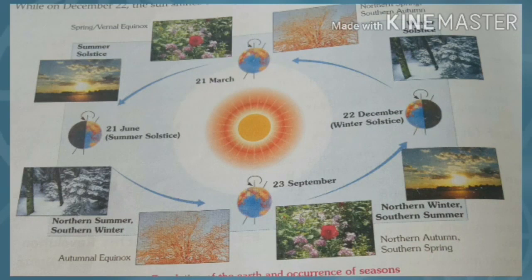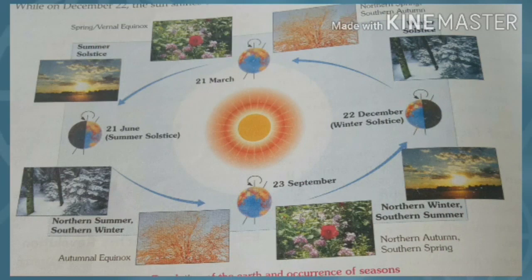These are the important topics. Then we'll discuss one more question. The movement of the earth around the sun is known as what? Revolution. Then direct rays fall on the equator on 21st March. Christmas is celebrated in summer in Australia. Then the cycle of the seasons is caused due to revolution.